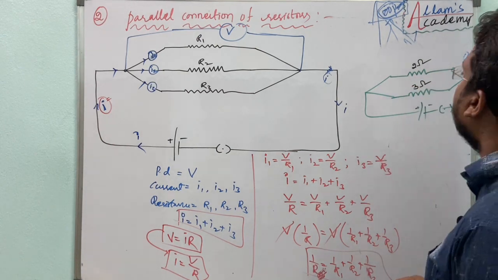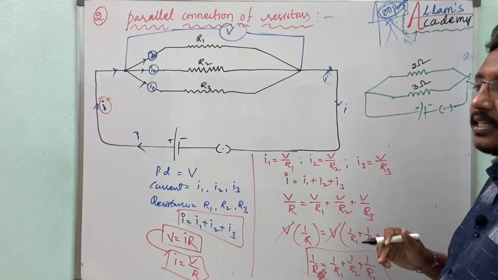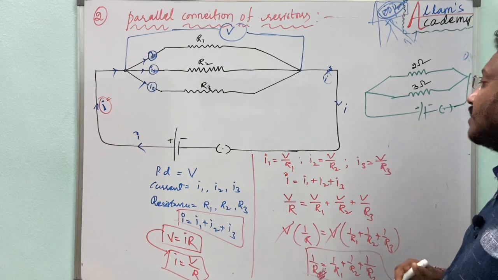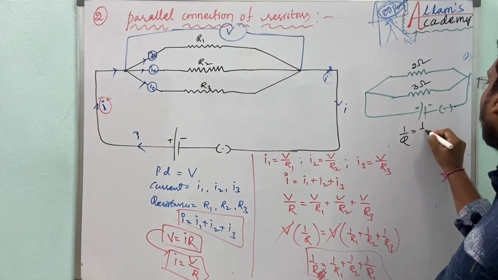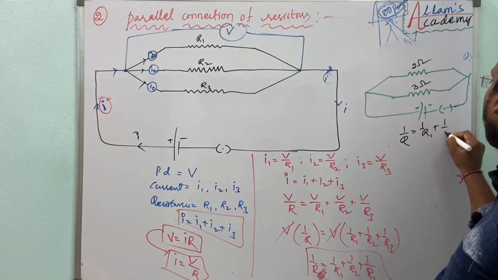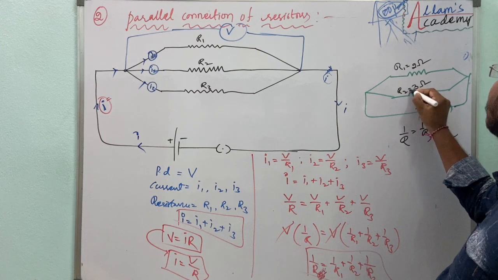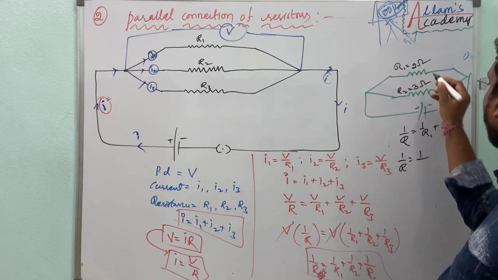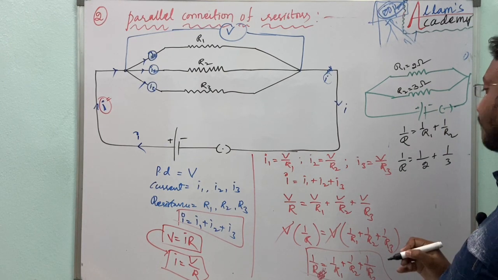The resistance of the first resistor is 2 ohms and the second resistor is 3 ohms. Then how can we find the effective resistance of this circuit? This is the principle: 1 by R equals 1 by R1 plus 1 by R2. Here you can consider this as R1 and this as R2. So 1 by R equals 1 by 2 plus 1 by 3.